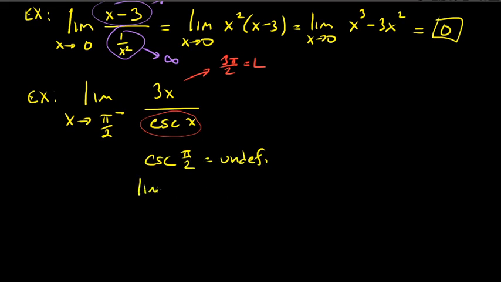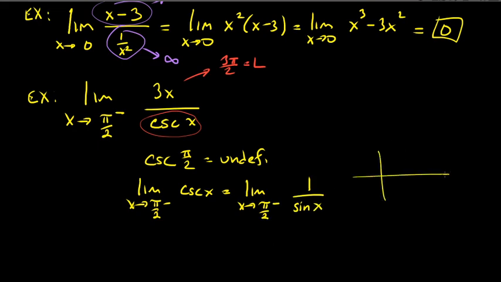But we can take the limit as x approaches pi over 2 from the left. And the easiest way to do that is recognize that cosecant is, by definition, 1 over the sine. And you remember sine of pi over 2 is, hang on, sine of pi over 2 is 1.